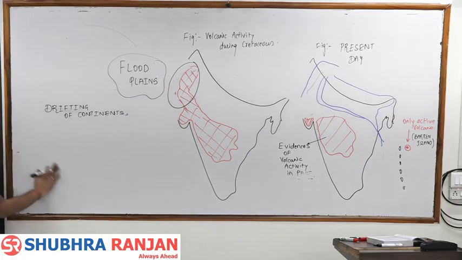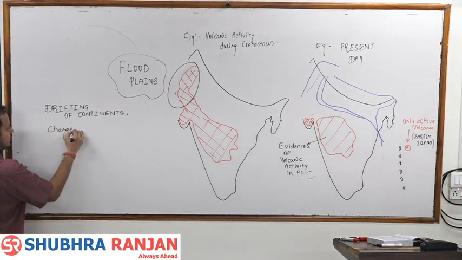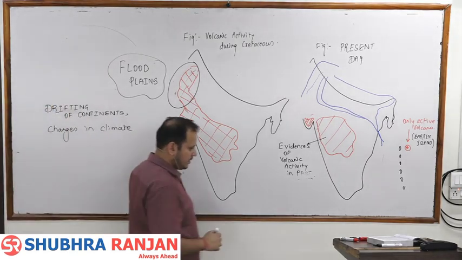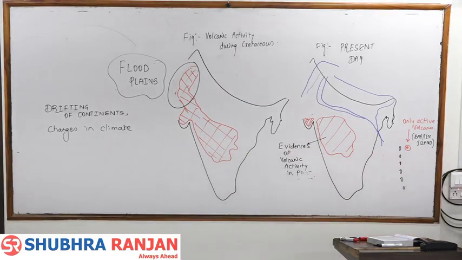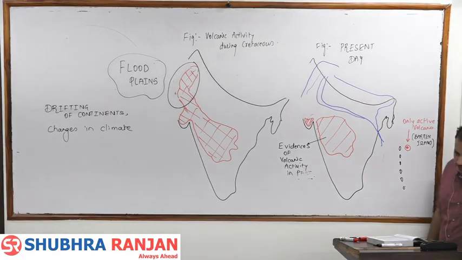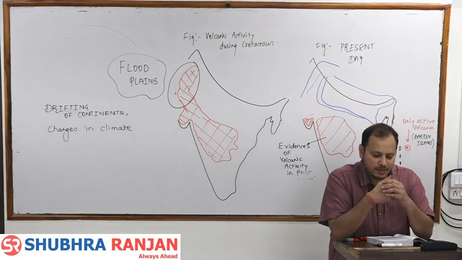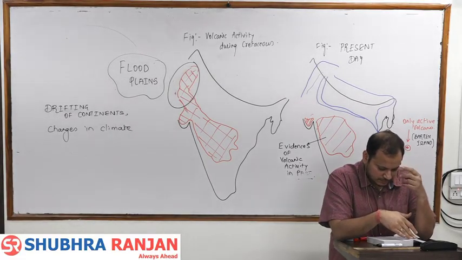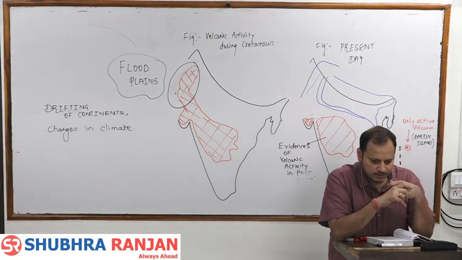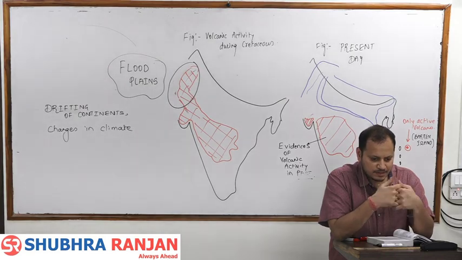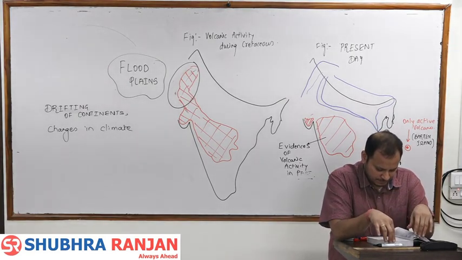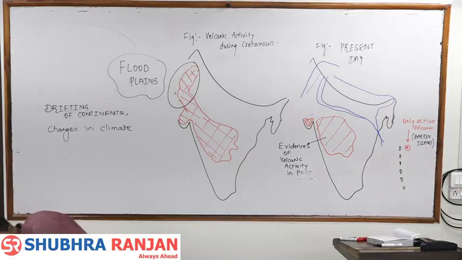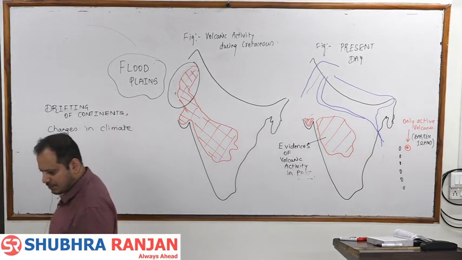So due to drifting of continents, changes in climate, as well as cooling of the earth, which causes decrease in the intensity of endogenetic forces.